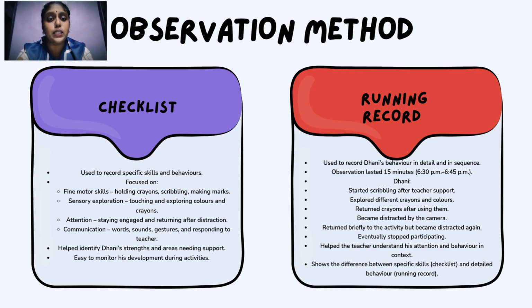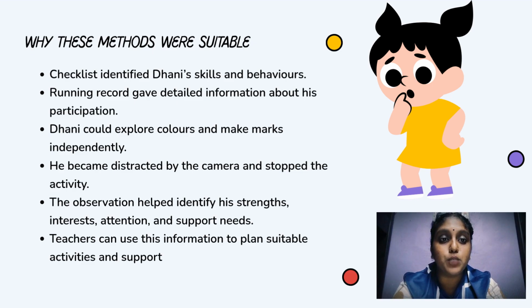Both methods were useful. The checklist shows more specific skills, while the running record shows behavior and detail in sequence. Together, they help us understand Danny's strengths, interests, and attention during the activity. These observation methods were suitable because they provide two different types of information about Danny.